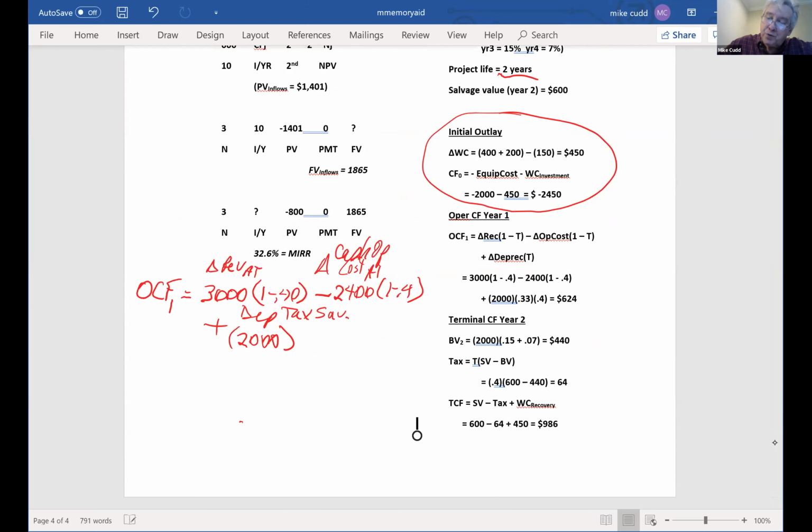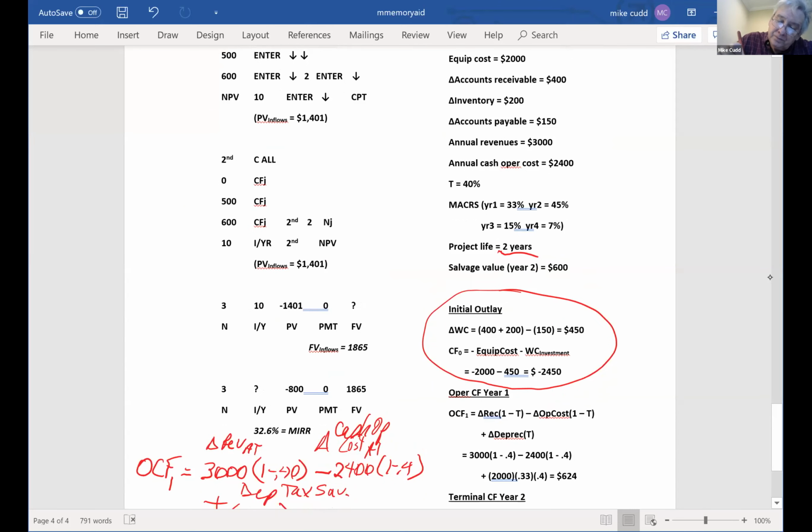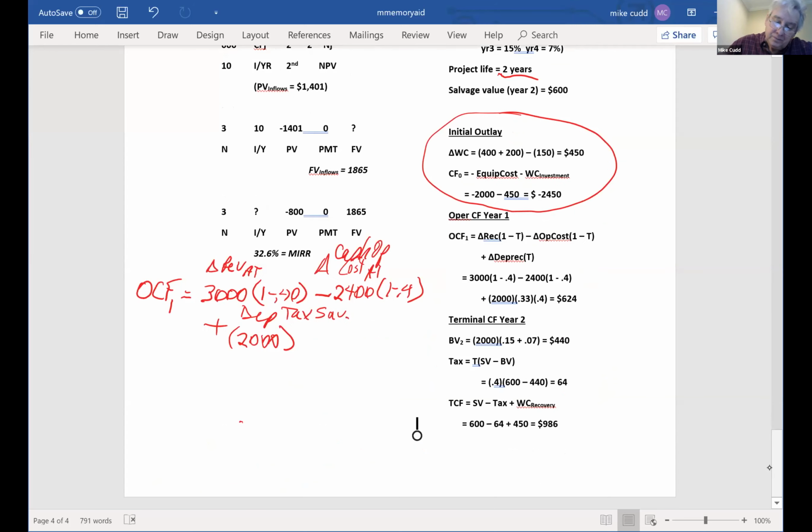Our year one depreciation, according to this problem, is 33%. That would give us our depreciation expense in year one, which is tax deductible. So we multiply it by our tax rate to get our tax savings. And that would give us an operating cash flow in year one of $624.